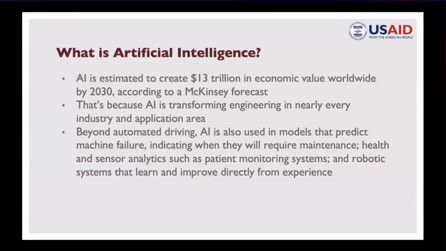Right now, AI is transforming engineering in nearly every industry and application area. So even in industry nowadays, AI is already being utilized, especially to improve automation. But not only the process itself; it can also be applied to fault diagnostics or preventive maintenance.